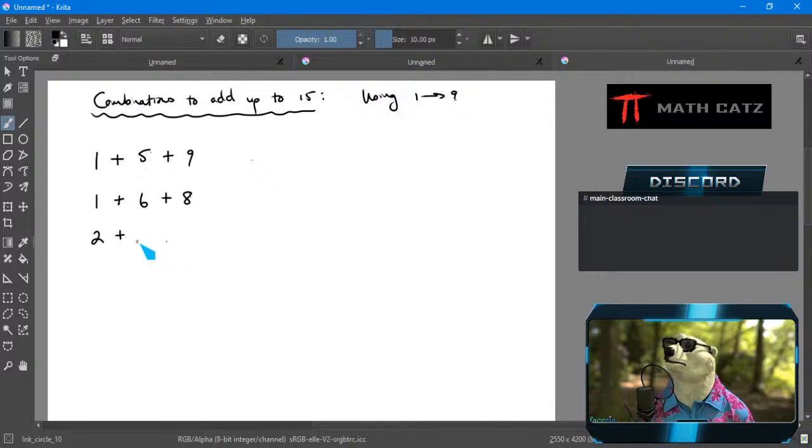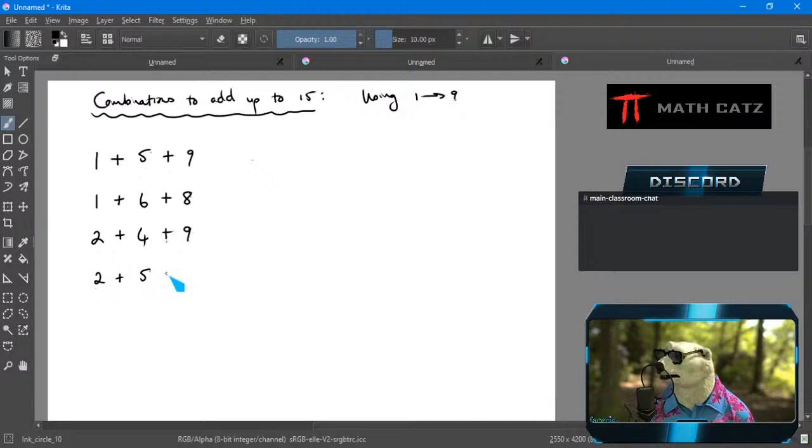So starting with a 2, there's no need to go down to a 1, right? Because I would have seen that when I started with a 1 already, which means I only need to go higher. So the next one is a 3. But that gives me 5, so I would need a 10, and that's not going to work. So I go 4. 2 plus 4 is 6. So the next one would be a 9, which is a new combination that I don't have yet. Stick with a 2, then go up to my next second number.